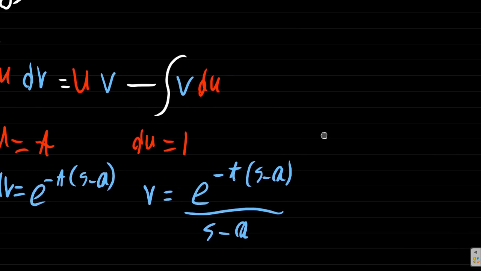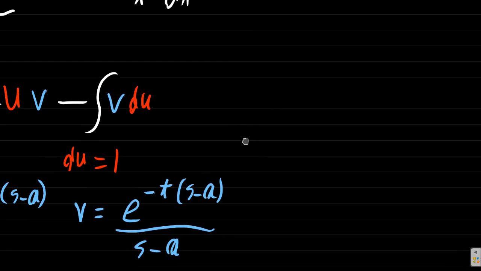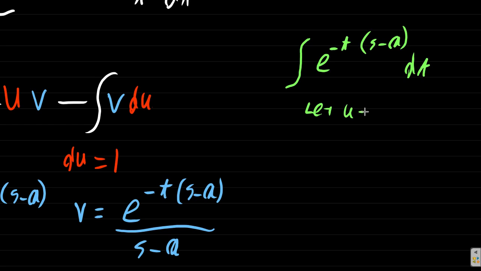So if you're confused about how you get that over s minus a and you don't remember integration by substitution, suppose you have the integral of e to the negative t(s minus a) dt. Let u be equal to negative t(s minus a).